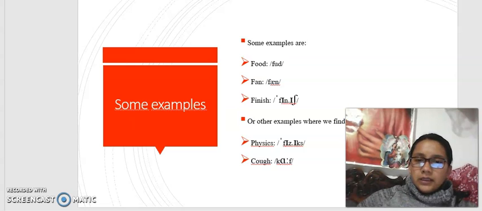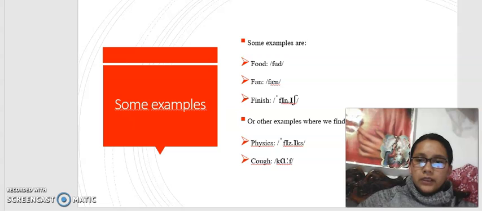Or we can find other examples in nouns with ph, especially in the first position, like in the word physics, and in this case ph sounds like an f.